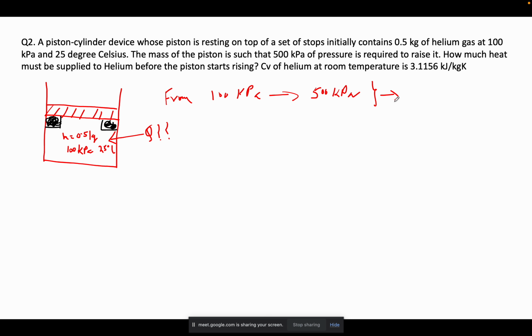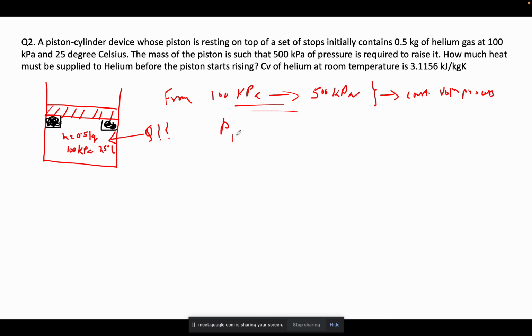Can you give a guess? It will be a constant volume process. Why? Because until and unless the pressure reaches 500 kilopascal, this piston will not expand, and if this piston will not expand, the volume will remain the same. So from 100 kilopascal to 500 kilopascal, this is basically your constant volume process.